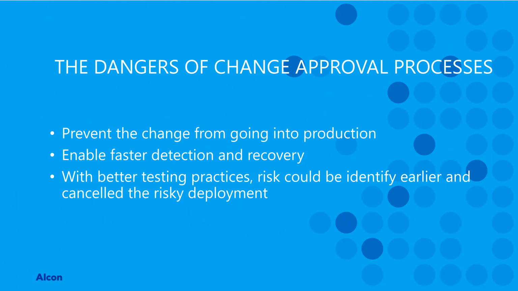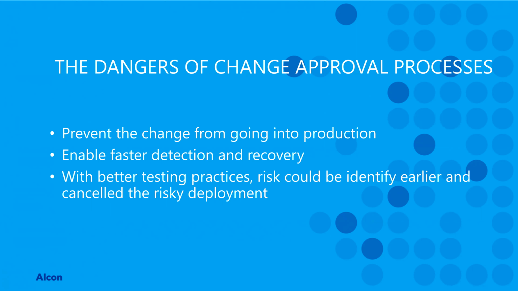The dangers of the change approval process. Things to watch out for when making changes: first, prevent the change from going into production so that you can adequately test it, so that if it's going to cause problems, you find that out before it affects the whole company.